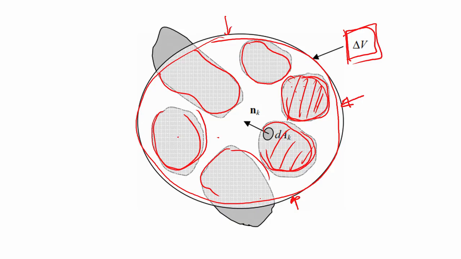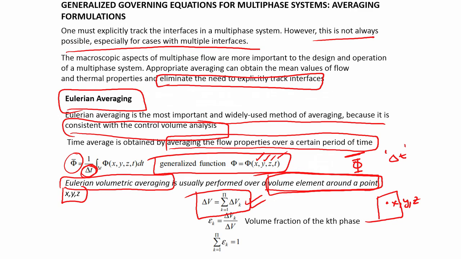These are those individual volume elements, this is delta Vk, the individual volumes of each of the phases, and this is the volume fraction of the kth phase.